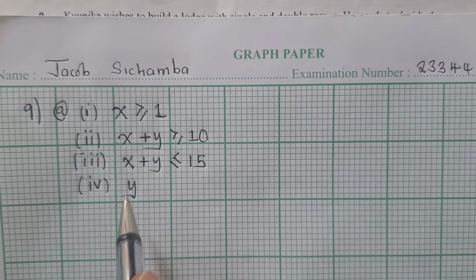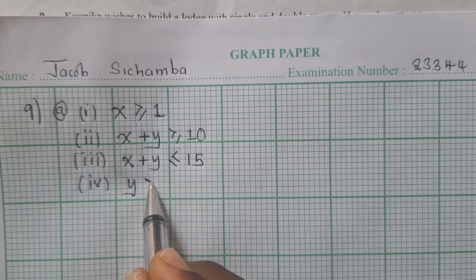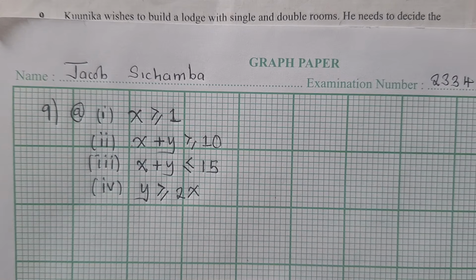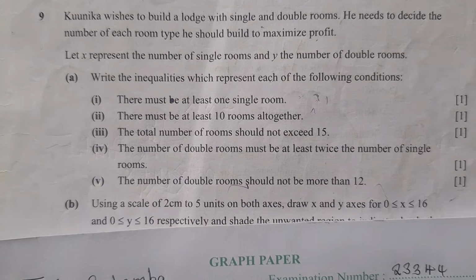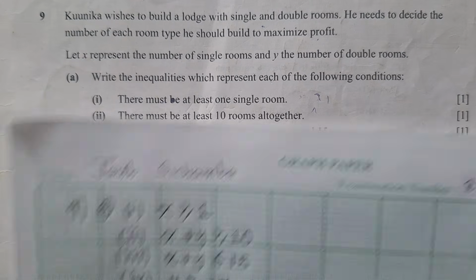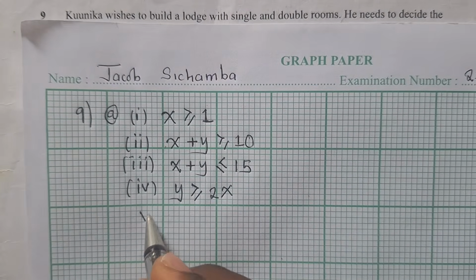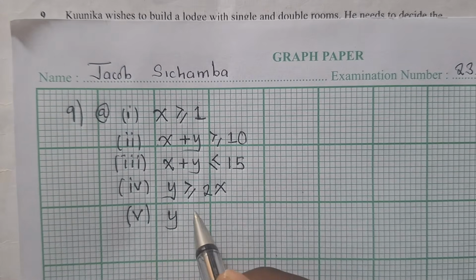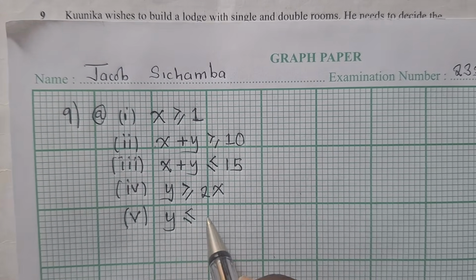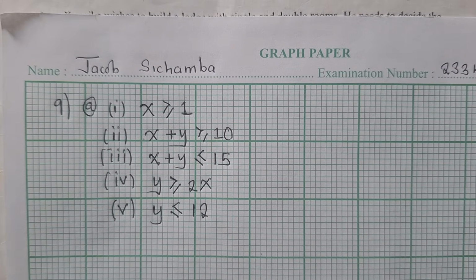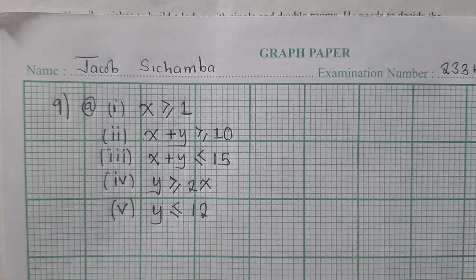So the number of double rooms, at least is greater or equal to twice, it's 2x, single rooms. And lastly, the number of double rooms should not be more than 12. So here, double rooms, it's Y, should not, meaning should be less or equal to 12. So these are the inequalities that each and everybody must write before start graphing.